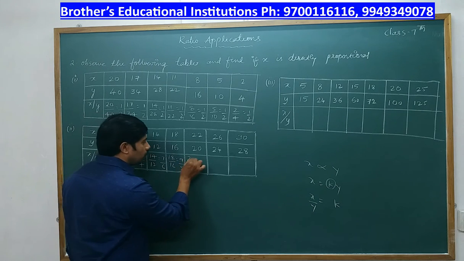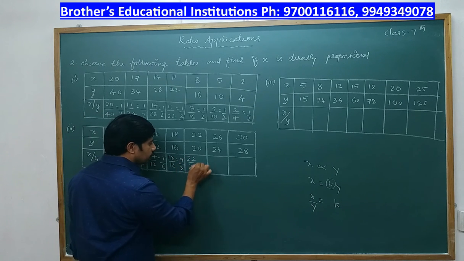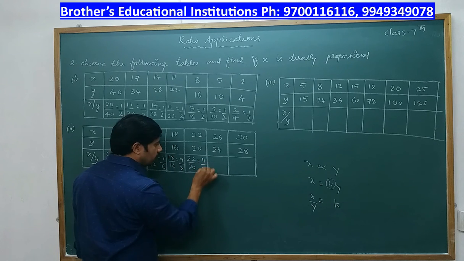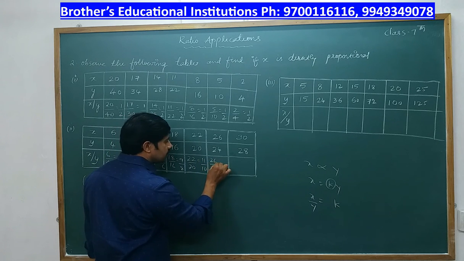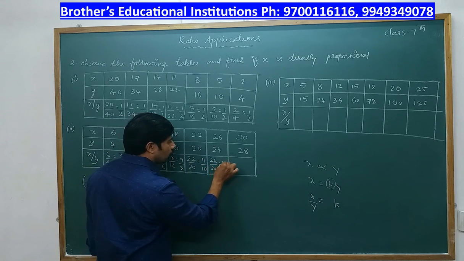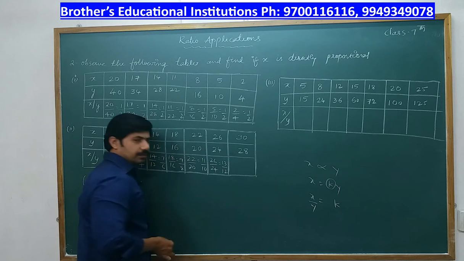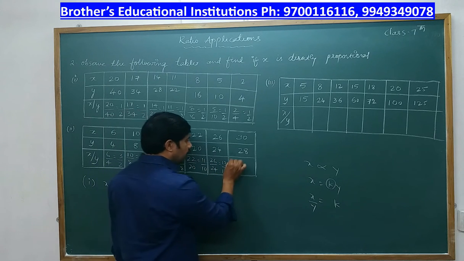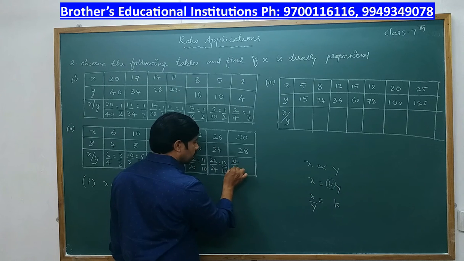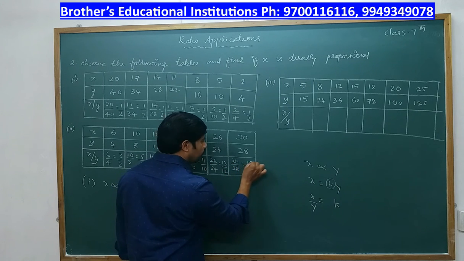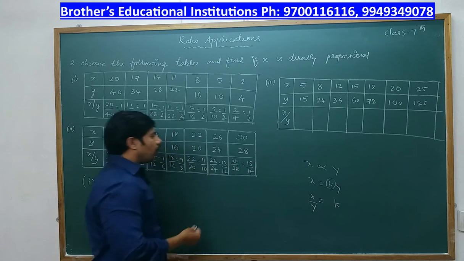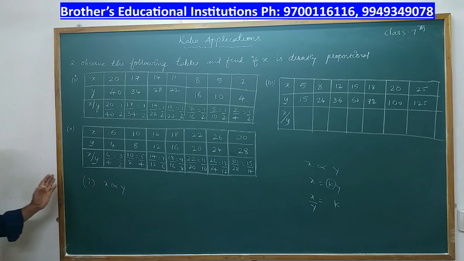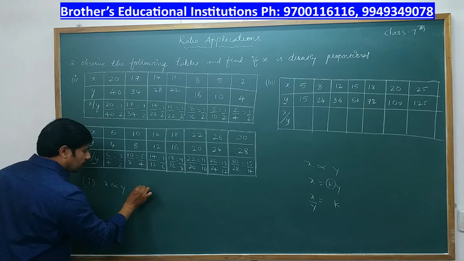So 22 by 20, 2 11s are 22, 2 10s are 20. 26 by 24, 2 13s are 26, 2 12s are 24. Then 30 by 28, it is 2 15s are 30, 2 14s are 28. So what we observe, the proportionality constant is not the same. So therefore the second one is not direct proportion.